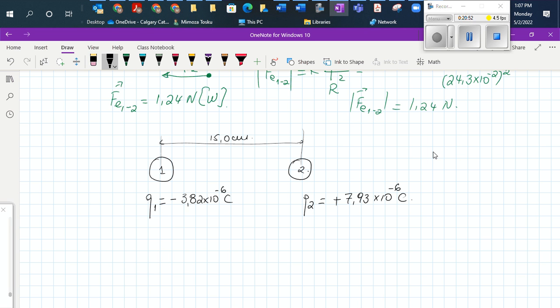What is happening is that, through a conducting wire or by being placed in contact with each other, the charges are connected and then placed back at the original position.